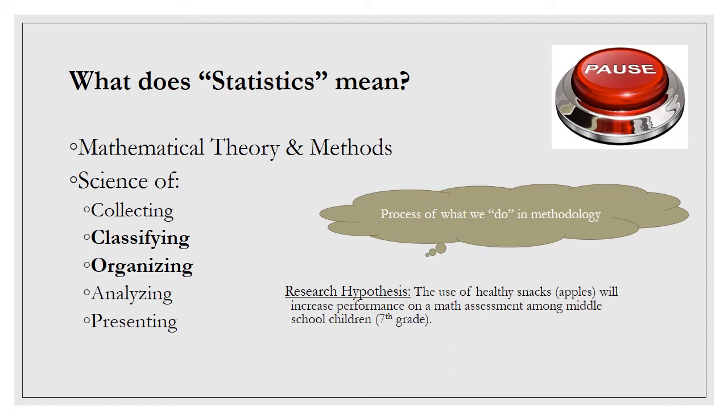In particular, here I've written for middle school children of 7th grade, as that's the sample of data I could collect, and I would generalize first to the 7th grade classes. So one of the reasons I bring this up is we are going to begin classifying and organizing the data around it, coming up with ideas around distributions and maybe relationships. We're not actually going to answer the direct research hypothesis with our descriptive statistics.